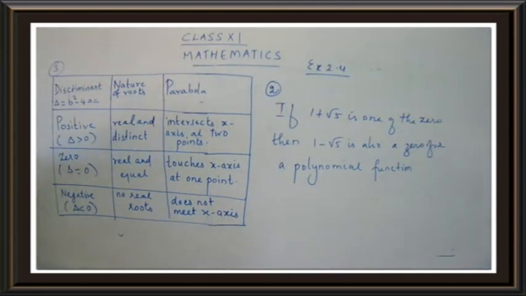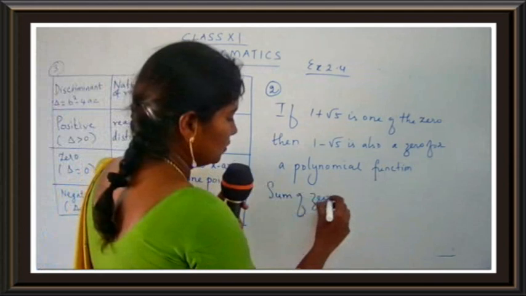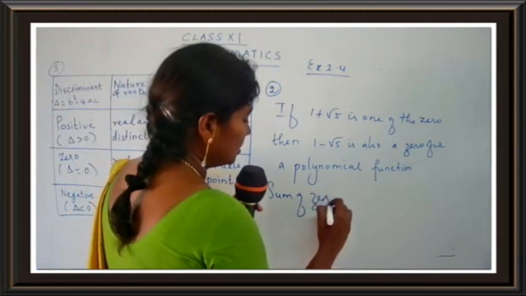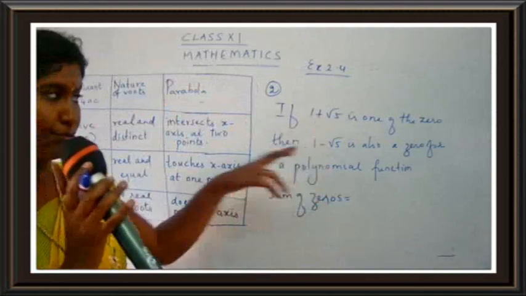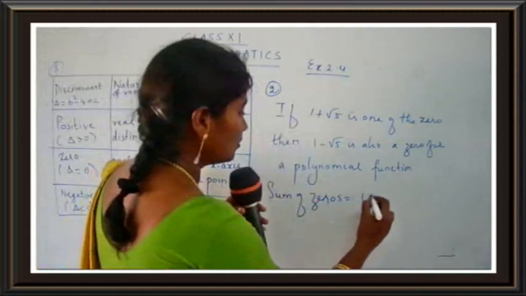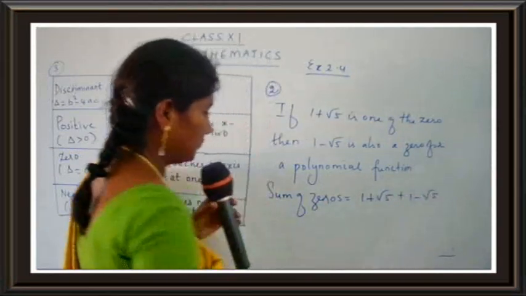Now what we are going to do here is find the sum of the zeros and the product of zeros. Sum of zeros: we have two zeros, so we are going to add them.